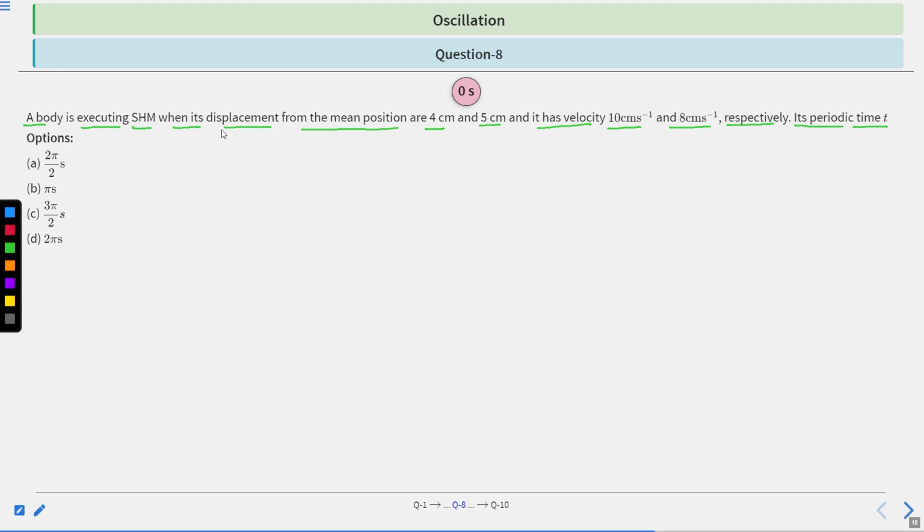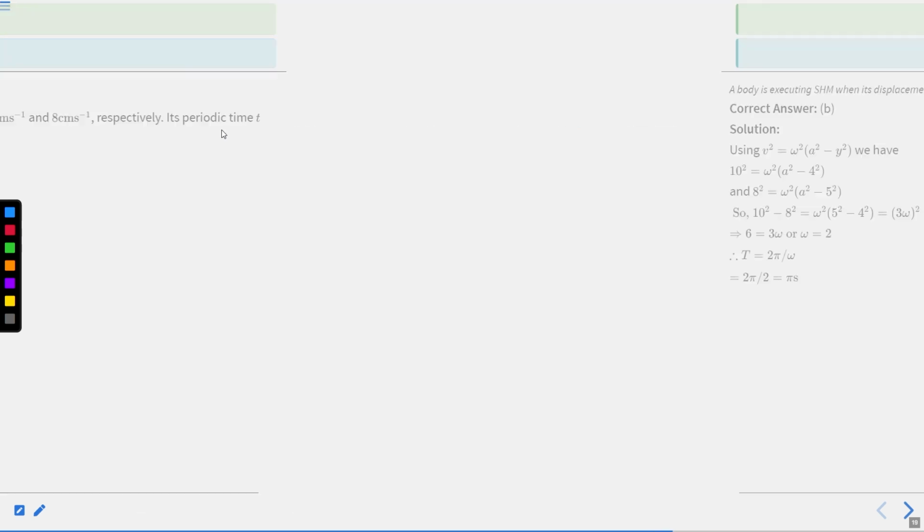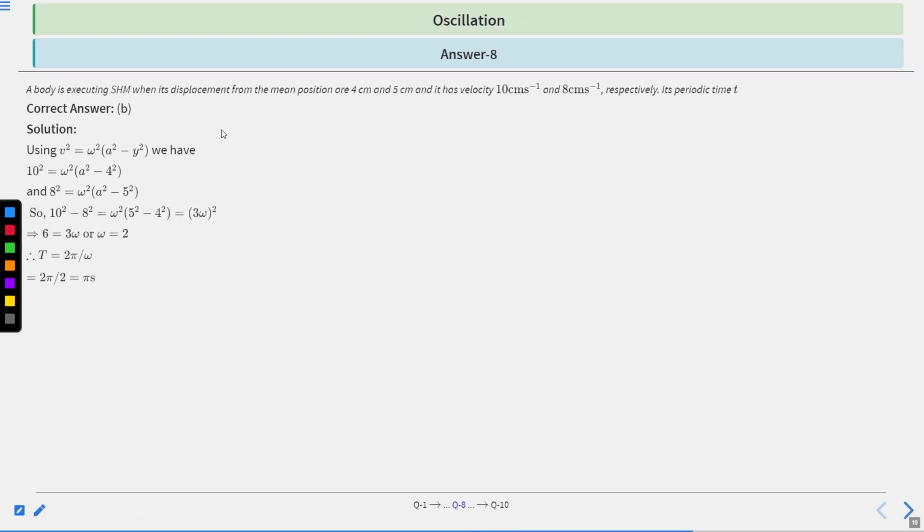Let's find a solution. Using the equation v square equal to omega square into A square minus y square, with v as 10 centimeter per second and 8 centimeter per second, we put these in as equation first and equation second.